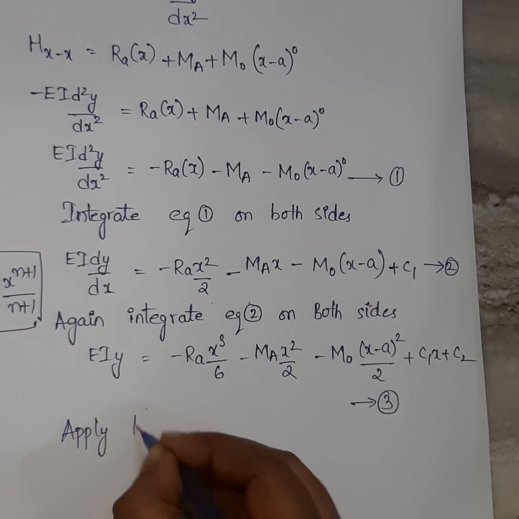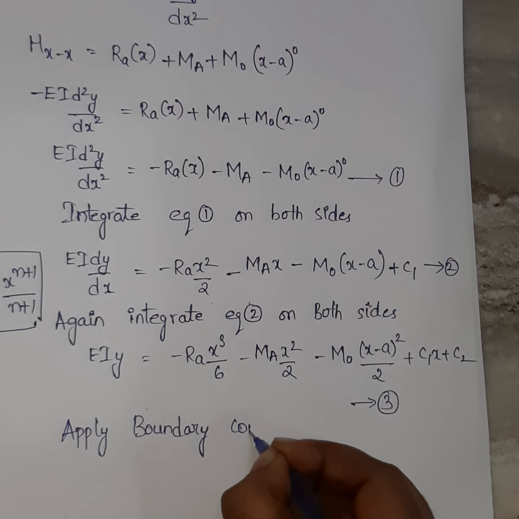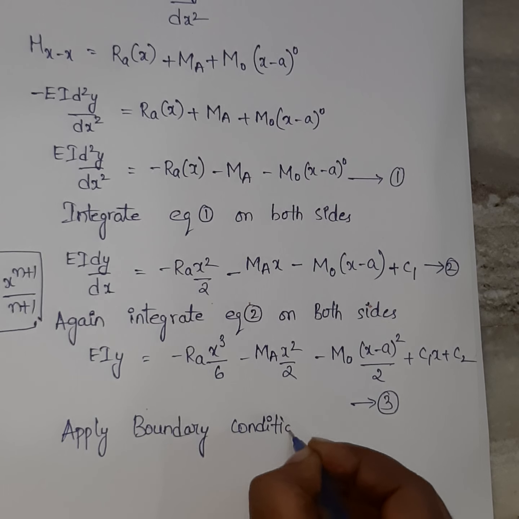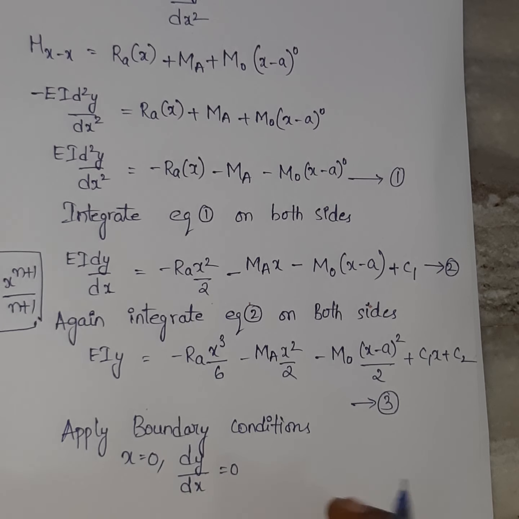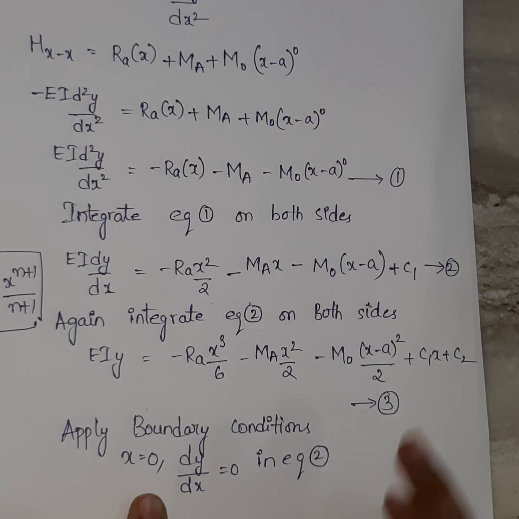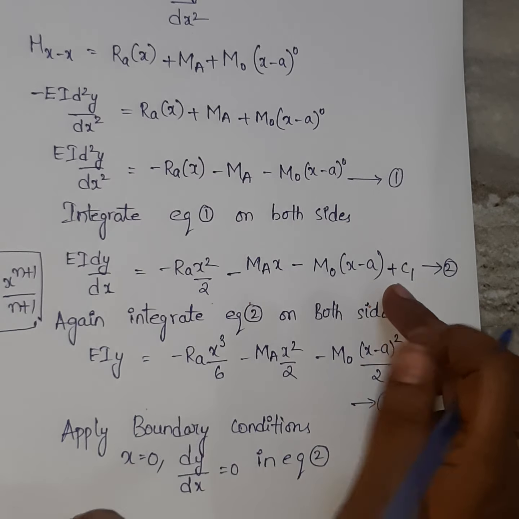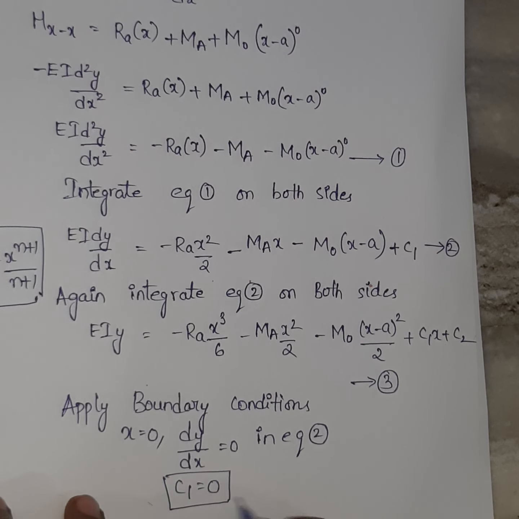Apply boundary conditions. If I apply x is equal to 0 and dy by dx is equal to 0 in equation 2, what will you get? You will get C1 is equal to 0.